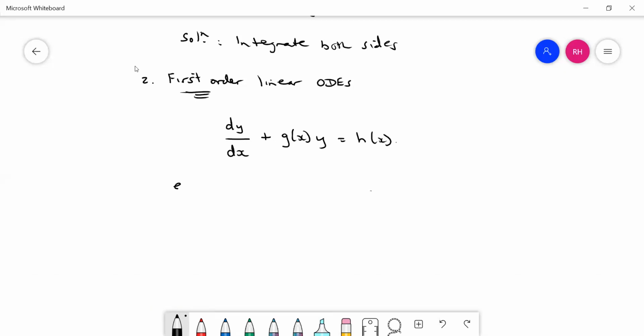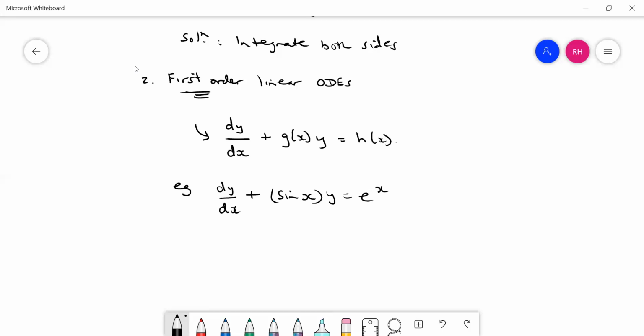So for example, dy/dx. Actually, a very important little tip for you if you start doing these: you must make sure that there's nothing in front of the dy/dx, not even a 2 or a 5 or a minus 6 or anything like that. If necessary, you just divide both sides to get just the dy/dx. Here's one.